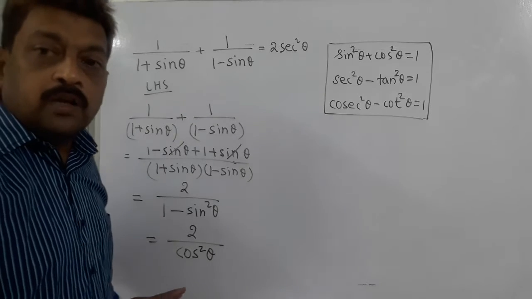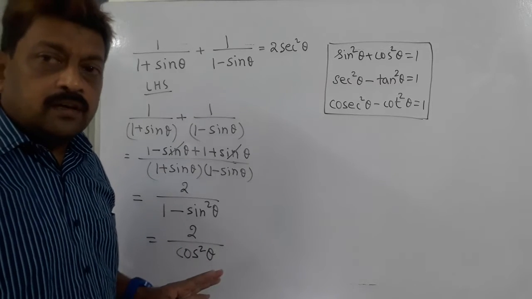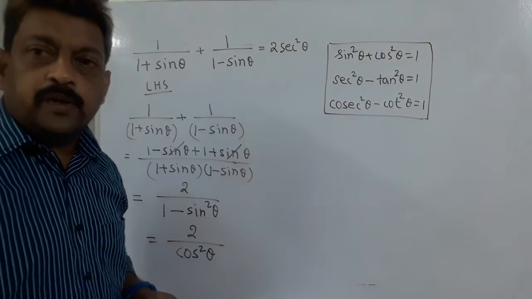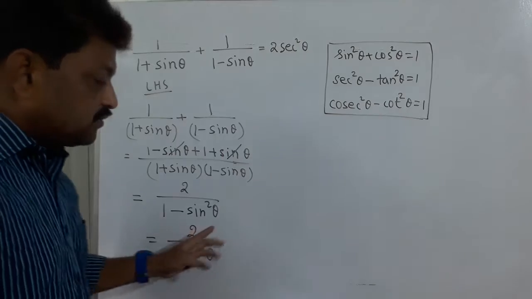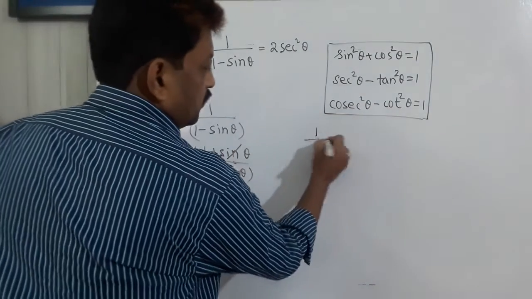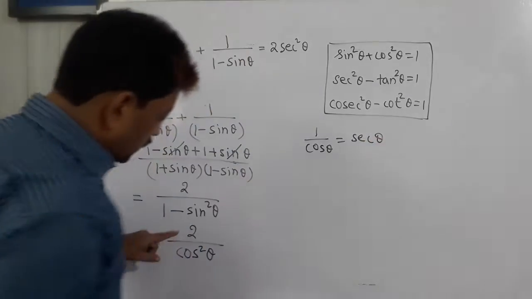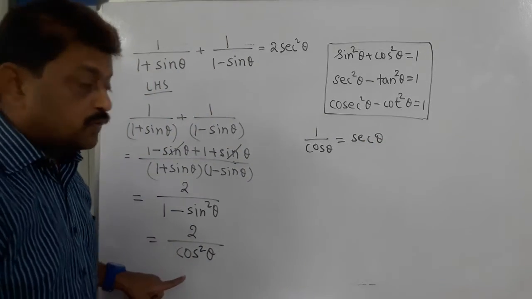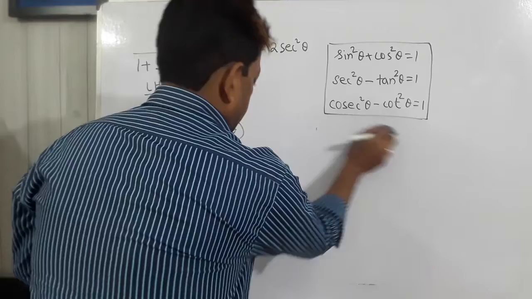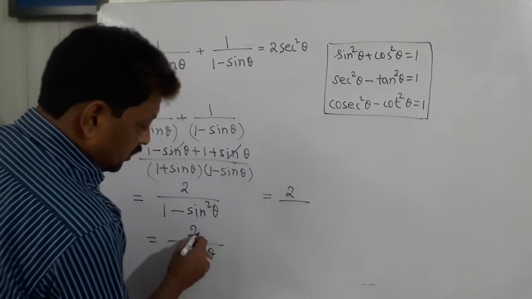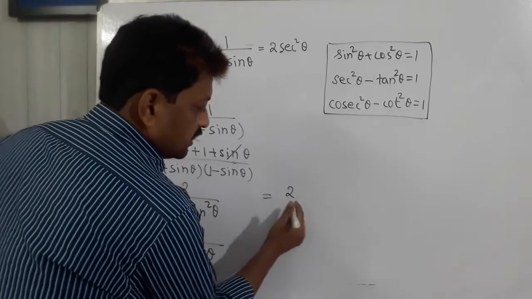Now 1 upon cos theta is the sec theta only, because we know sec theta is the reciprocal of cos theta. That is, in place of 1 upon cos theta, we can write sec theta. So here 2 upon cos square theta can be written as 2, then 1 upon cos square theta can be written as sec square theta.